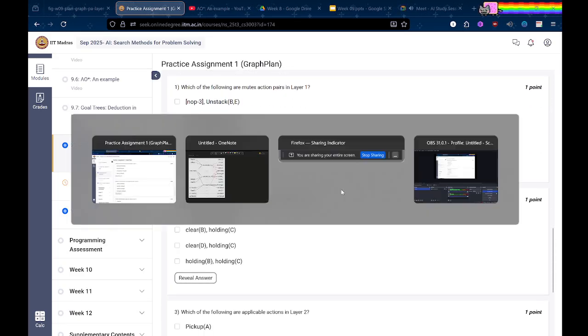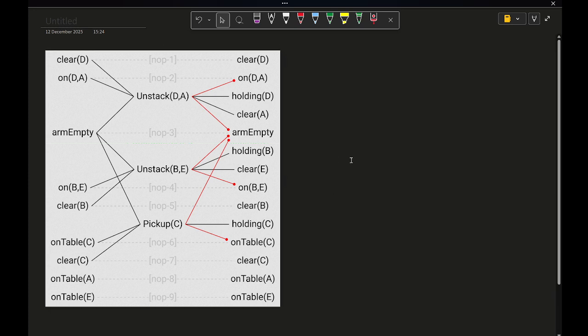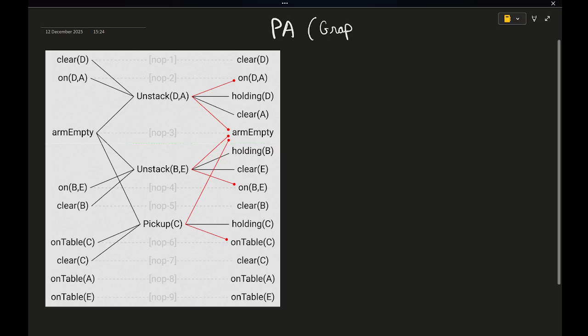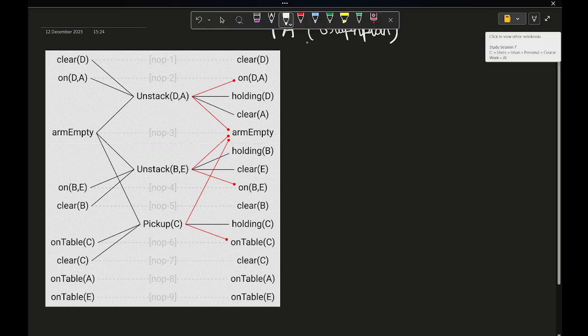No, this is the graph plan algorithm itself, and this is just the first two layers of the graph plan, not a tree, because the graph plan data structure is a completely new data structure. This is called the planning graph. Because this is not a tree.